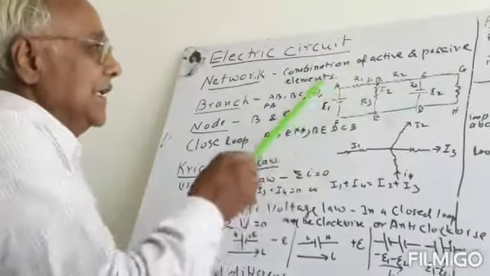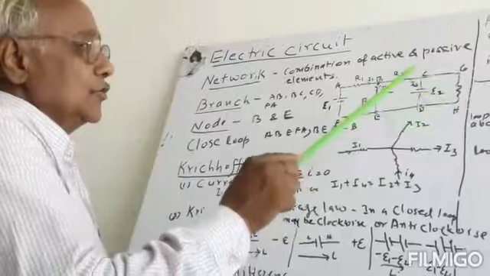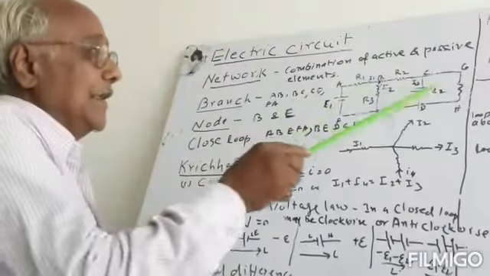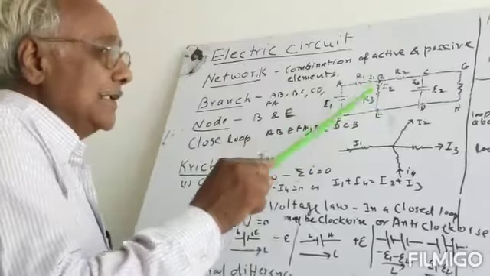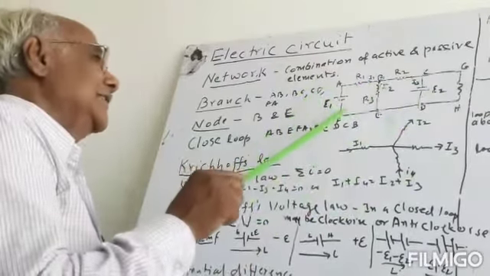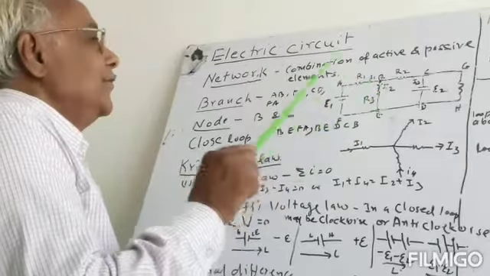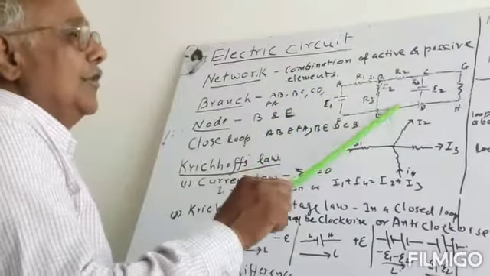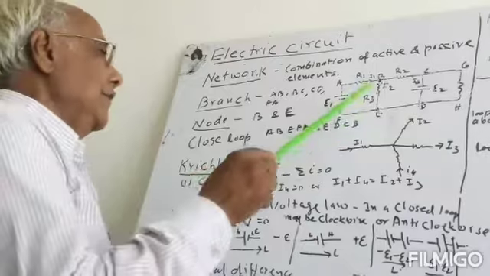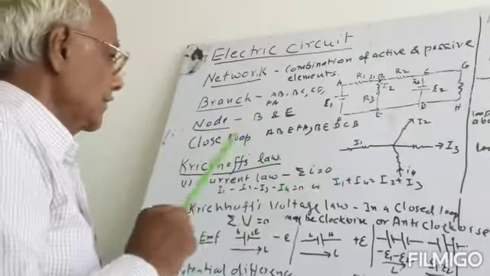But here, as we see, there are two batteries. So we cannot use Ohm's law to find the current in the circuit or potential difference here. It is not possible. So when the circuits are complex circuits, then we cannot use Ohm's law or the combination of series and parallel, but we will use Kirchhoff's laws.